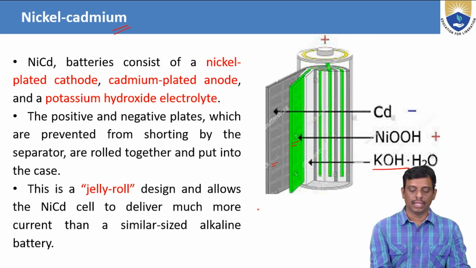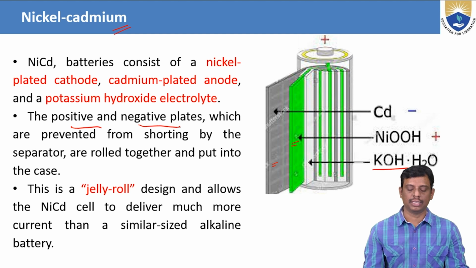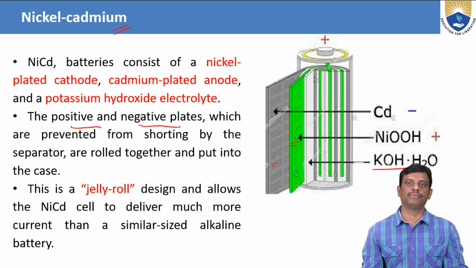In that battery, the positive and the negative plates, which are prevented from electrical shorting by the separator we are using, are rolled together. The plates are rolled together and put into the case. So the roll is a jelly roll design.